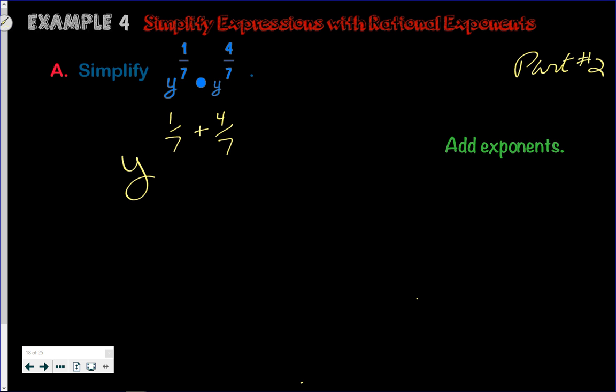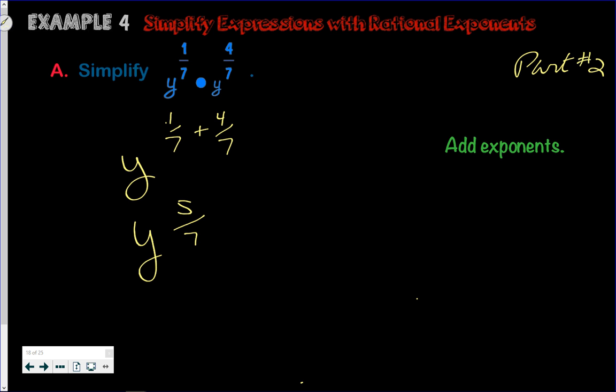Now the nice thing here is that my denominators on the fractions are the same. So all I have to do now is add the top. So 1 plus 4 is going to give me 2. Okay?